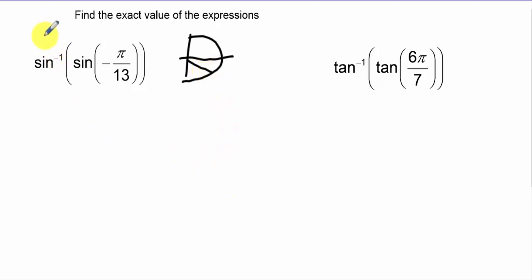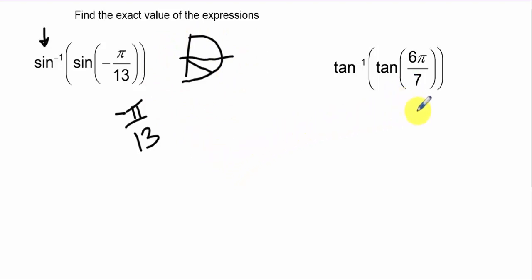And in the second part of the parentheses, what angle gives me that y value? Well, that angle is just negative pi over 13 in this case. And that seems kind of intuitive.